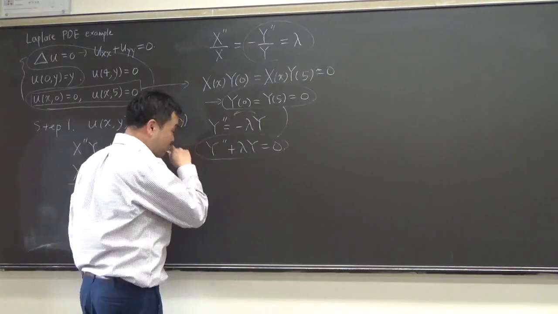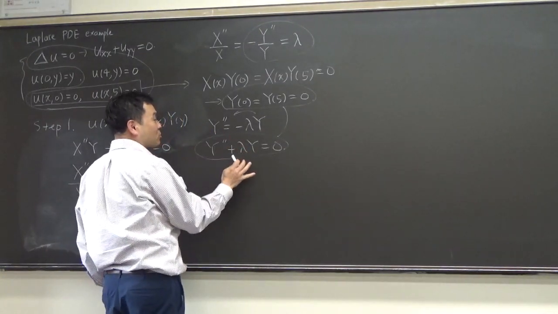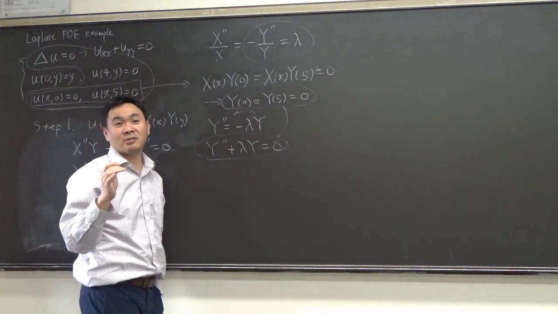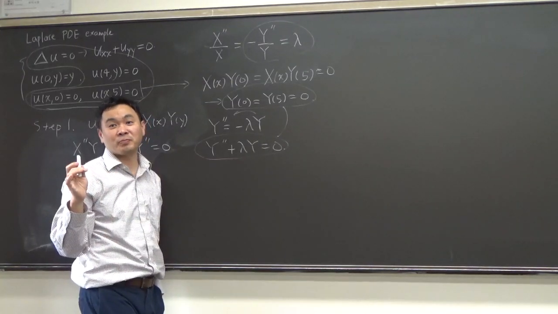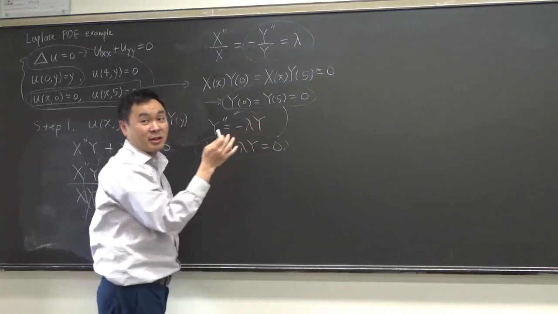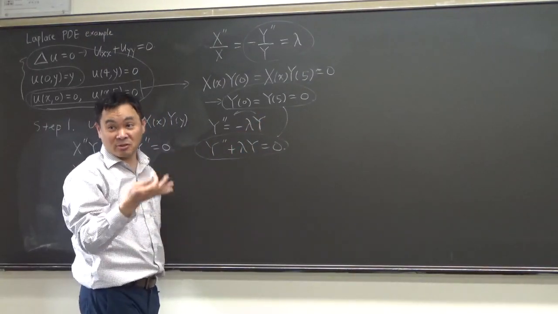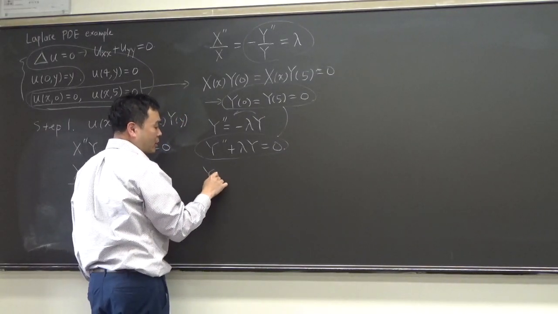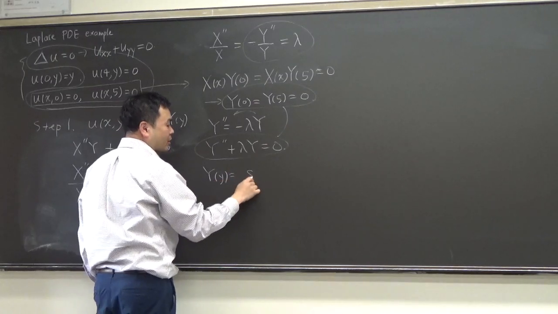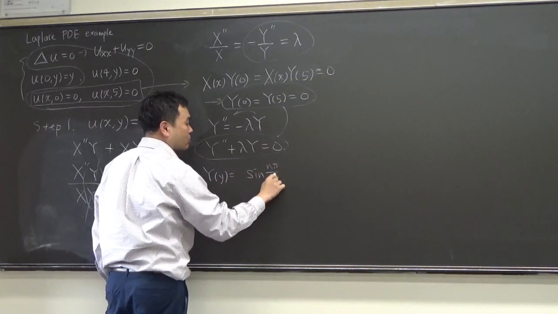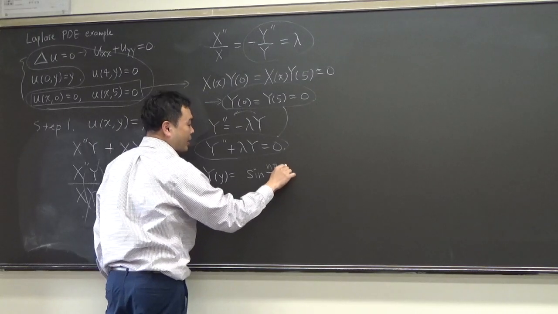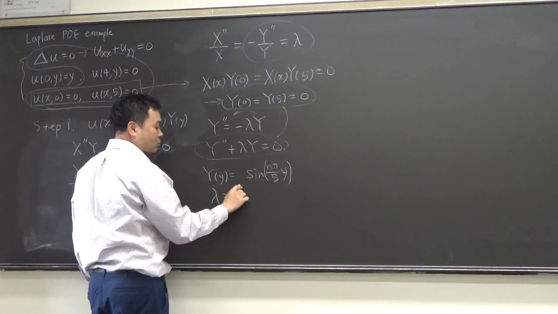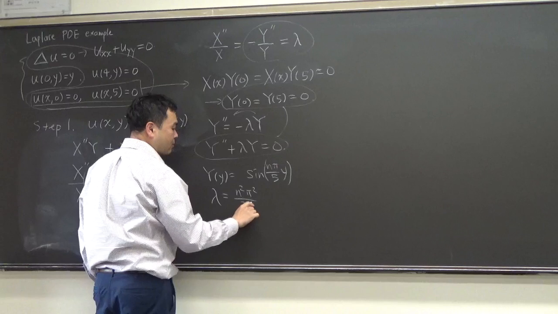If we work out the Sturm-Liouville problem, we see that the only non-trivial solutions of this equation that would satisfy this would be, guess what? Sines or cosines? Sines, right? Because the values at the endpoints are 0. If the derivatives are 0, then it's cosine. But here, the values themselves are 0, so the only solutions are Y(y) equal to sine of n pi over 5 y, with the lambda values being n squared pi squared over 25, which is 5 squared, right?